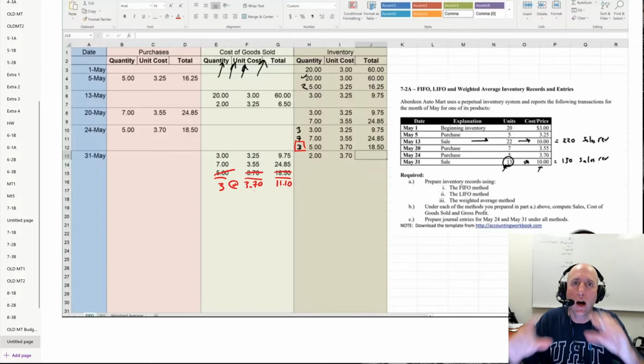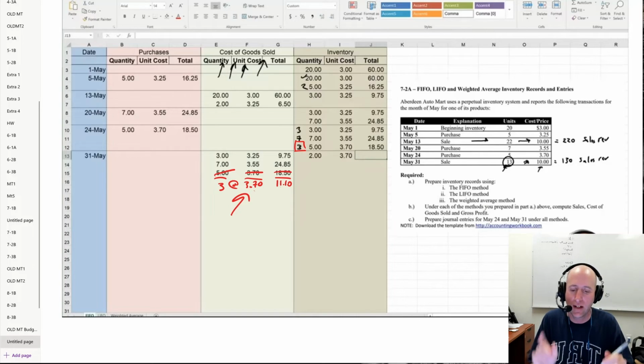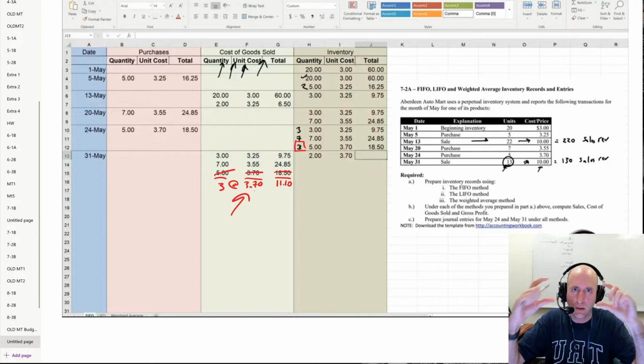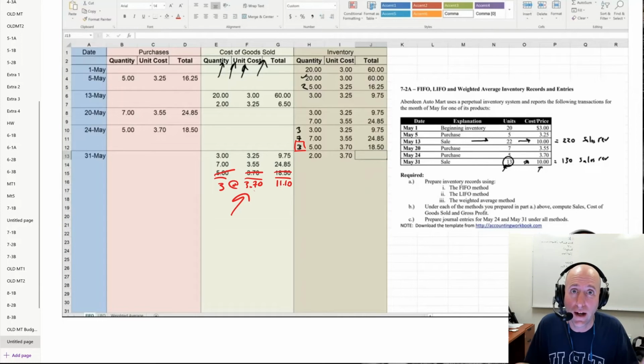Where there's an error, I'll print the correction on the screen. So right now I've printed the correction on the screen, like 3 at $3.70 for $11.10 instead of 5 at $3.70 for $18.50. In the future, you'll see there'll be block letters come up on screen when there's a mistake because of this error in my solution. So I hope that helps, and I'm sorry for the inconvenience. Back to the video.